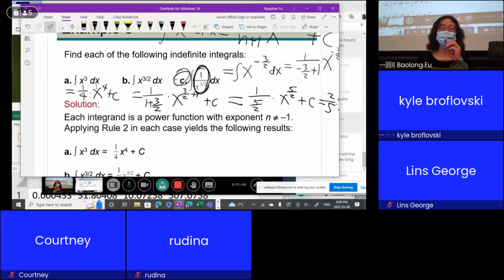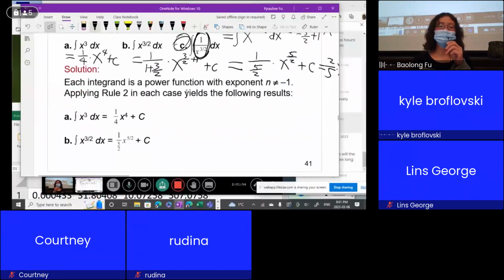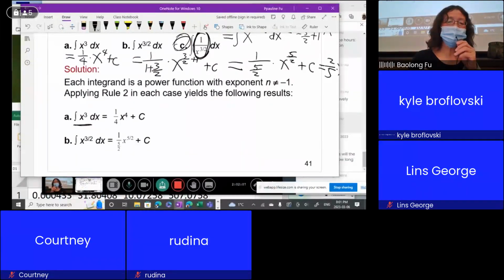Welcome back from break. Any questions? Before the break, we did some examples about indefinite integrals. After you find the integral, you have a way to check whether your answer is correct. Take the example: you found the integral of x cubed equal to 1/4 x^4.